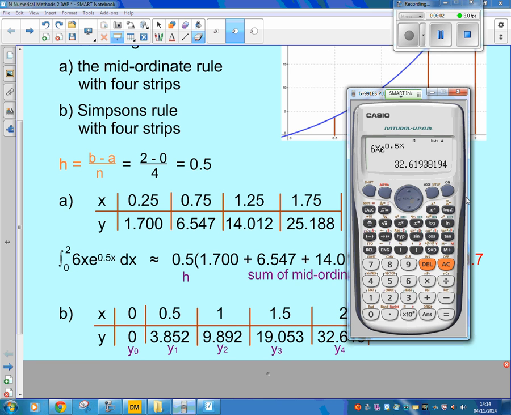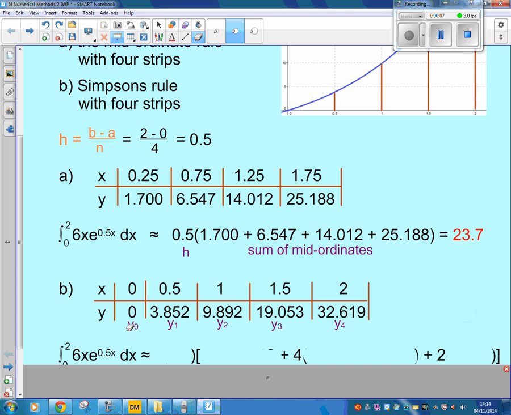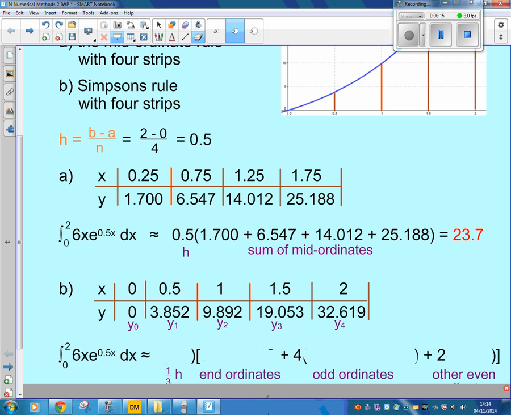You'll notice that I've labelled these values y0, y1, y2, and so on. That helps us to use Simpsons rule, which is one third of the h value multiplied by the end ordinates, plus 4 times the odd ordinates, and 2 times any other even ordinates.